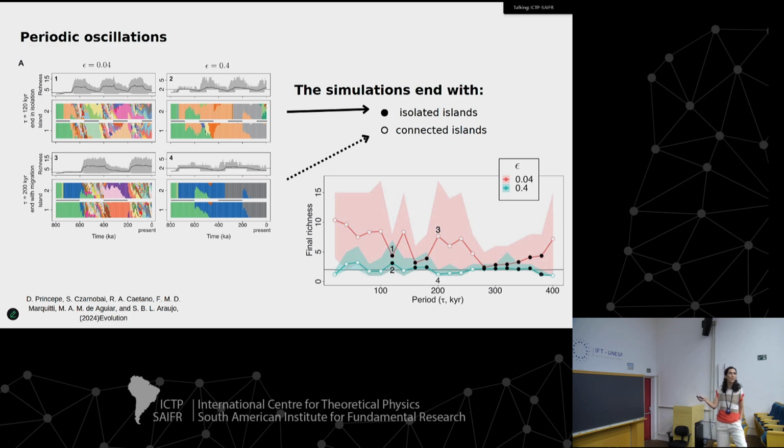So if the migration is high, we need isolation for speciation, basically. But if the migration between the islands is low, we end up with high species numbers even when, for example here, the simulation ends with the islands communicating.